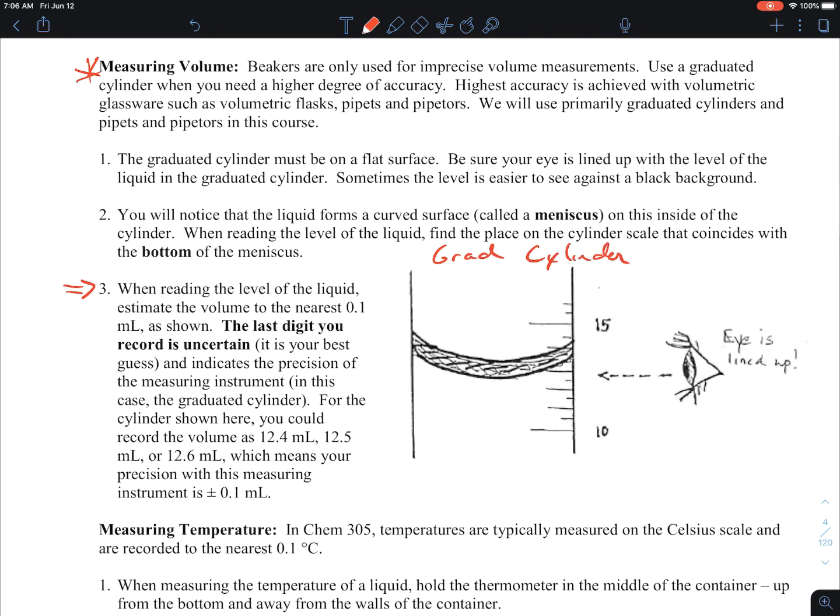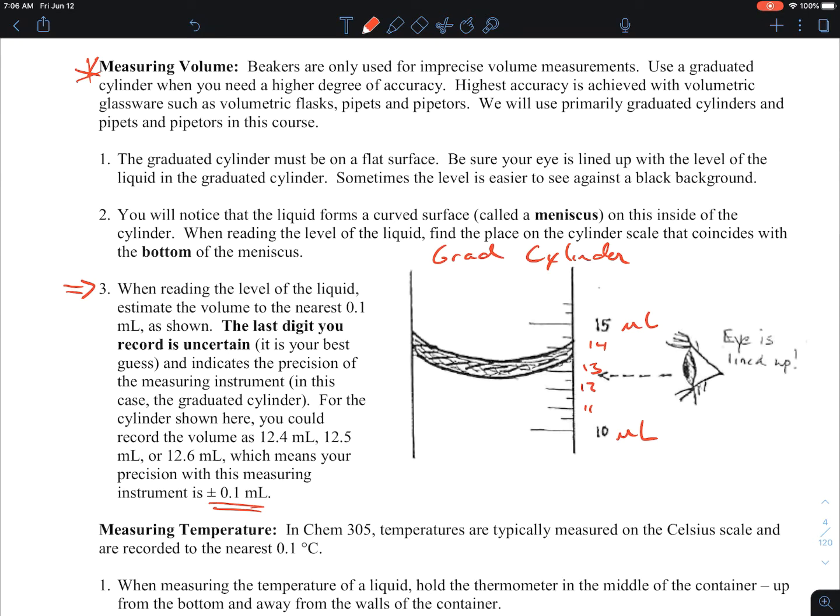The way that it works for this graduated cylinder here is that you can estimate out to exactly 1 mL. These are supposed to be mLs, so like 15 mL, 10 mL. You can accurately say it's 10 mL or 11 mL, 12 mL, 13 mL, 14 mL, and then what you can do is take the 1 mL measurement, divide it by 10, and estimate out to the 0.1.